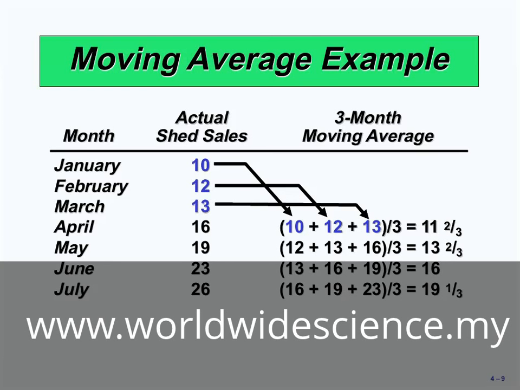You forecast about 12 units for April, but April came and finished, and at the end of April you sold 16 units. 16 is near to 12, but it's 4 units more. You forecast 12 in April, but you sold 16.